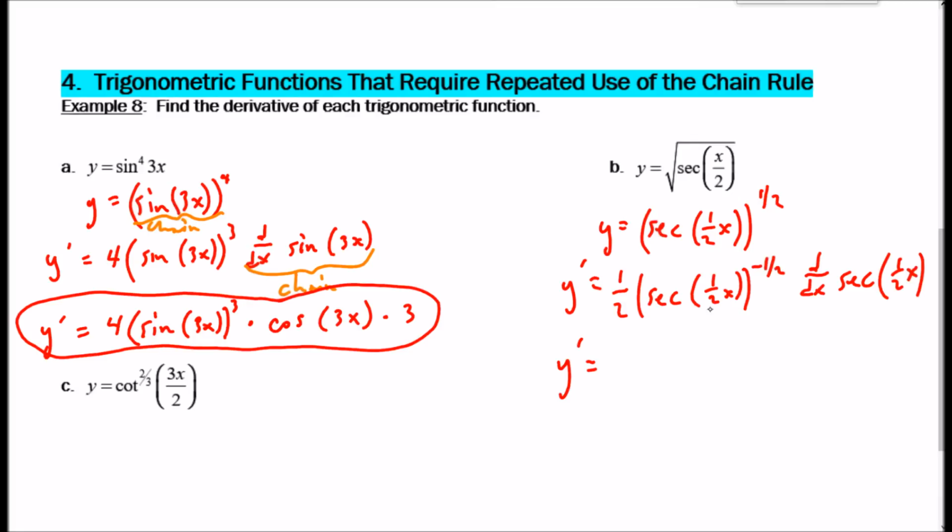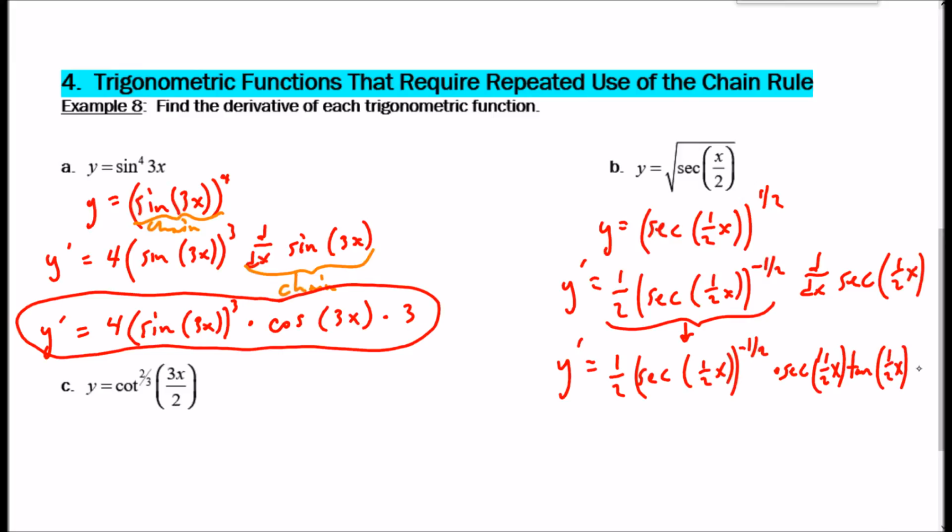Now we bring this part straight down as 1/2 secant 1/2 x to the negative 1/2 times the derivative of secant something, which is secant something tangent something times the derivative of that something. So here is our derivative of example 8, part B.